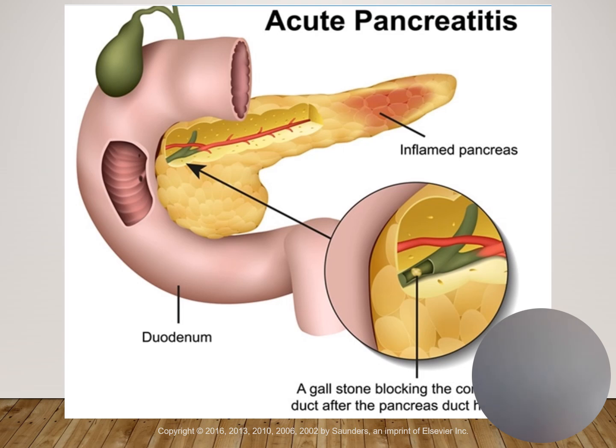Now, if those pancreatic enzymes activate early, such as in the pancreas, we're going to have the development of the inflammatory process of pancreatitis. So with acute pancreatitis, this is a serious and potentially life-threatening inflammation of the pancreas.